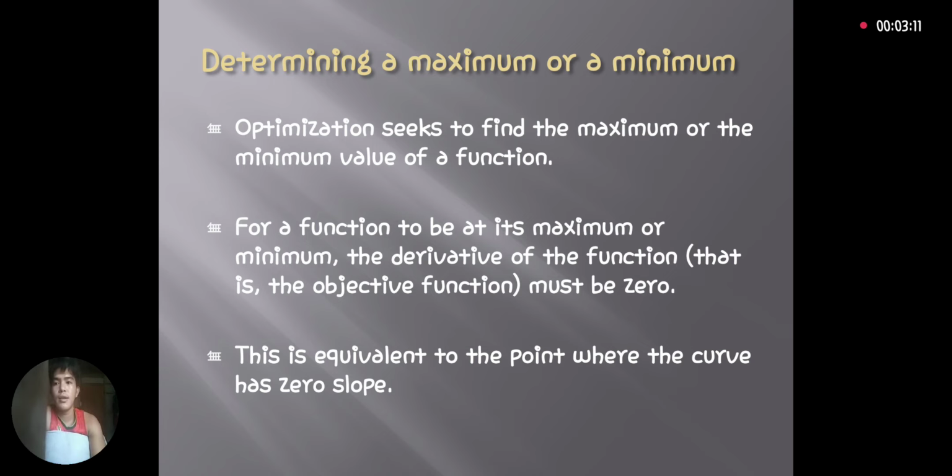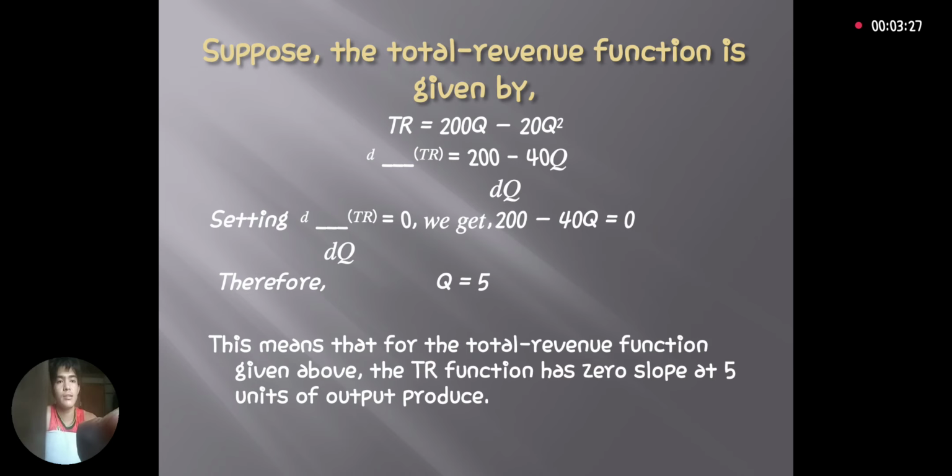For example, a firm may seek to maximize its sales, minimize the total cost, and eventually maximize its profits. Suppose that the total revenue function is given by, let's see this example here.